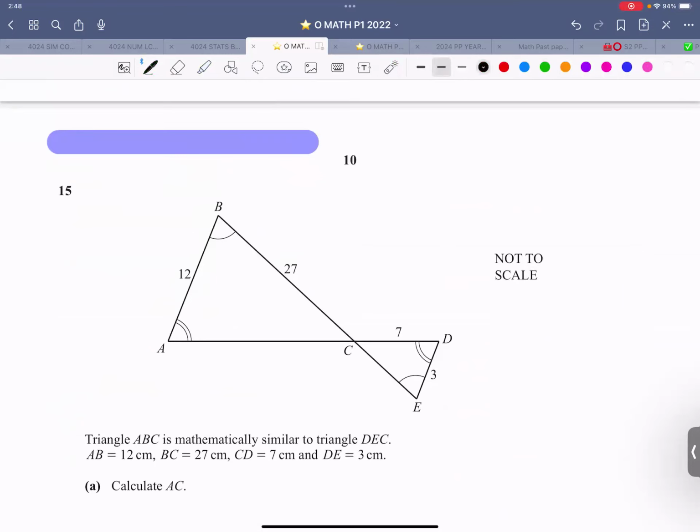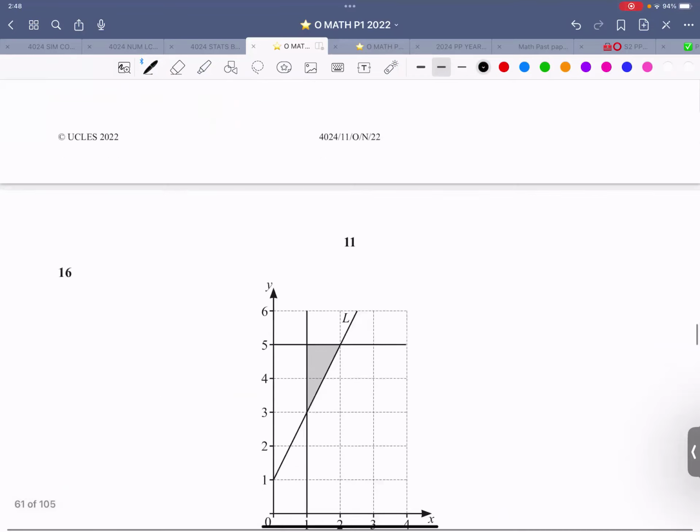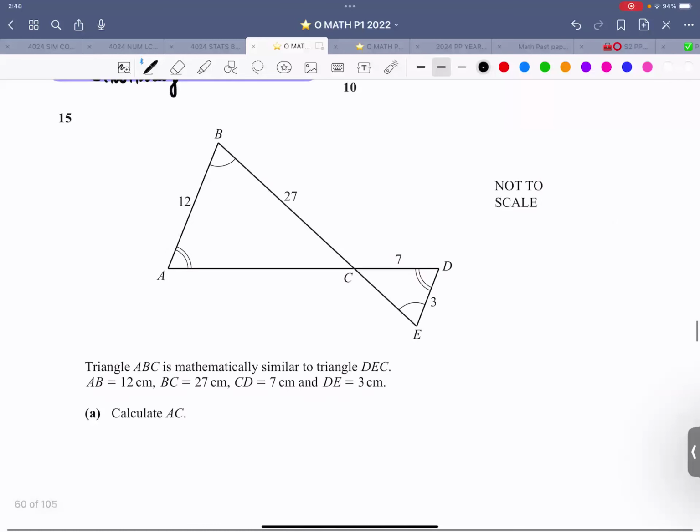This is question 15 and this looks like similarity. What I do in these similarity questions is focus on the angles. This single line angle is this one, corresponding with this one.